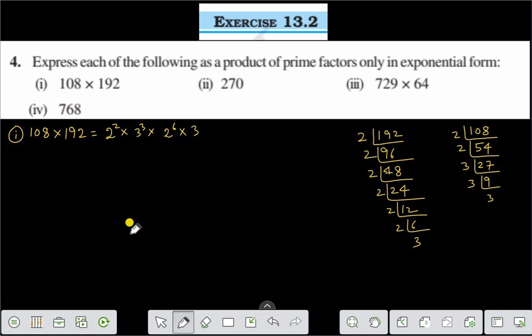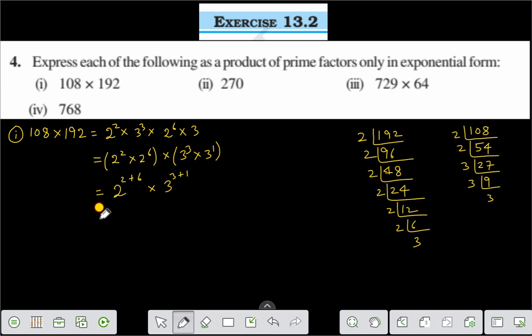Right? Now if you combine this, then you are getting 2 to the power 2 into 2 to the power 6 into 3 to the power 3 into 3 to the power 1. And here the base is the same, 2, but the exponents will be added, that is 2 plus 6, into 3 to the power 3 plus 1.